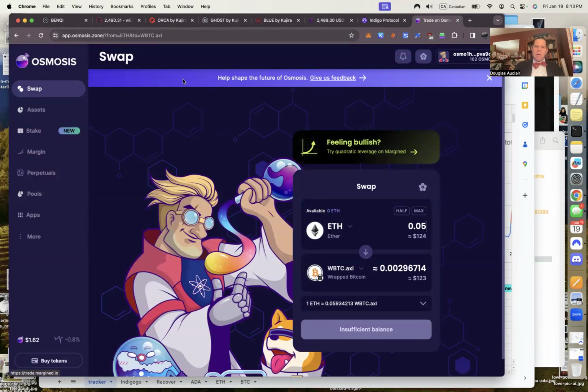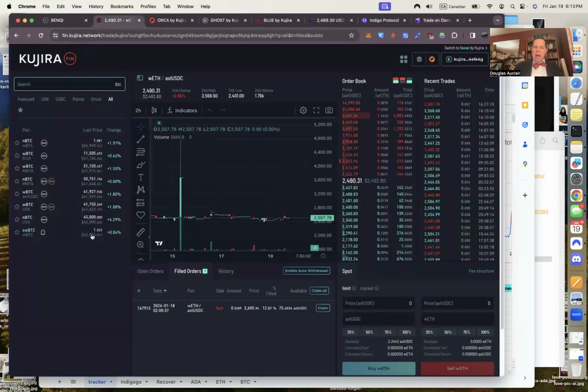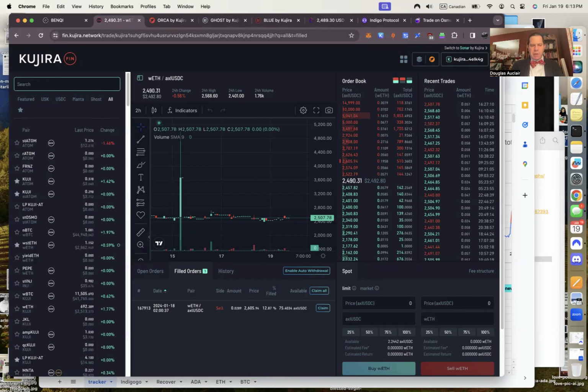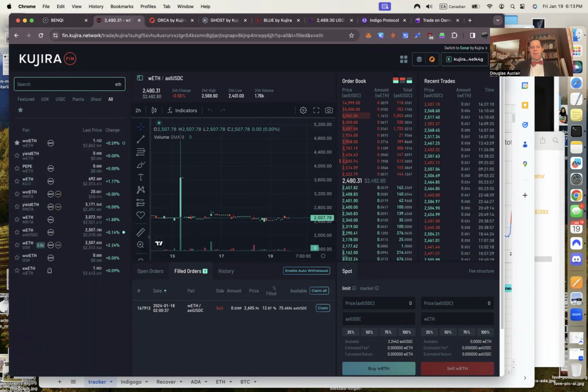I prefer to manage how my trades go. So what I do is I go to Fin, and I place limit orders. And so if I'm trading Ethereum, I go and I look at the prices of Ethereum on the various order books. I choose the highest value, then place the limit order.